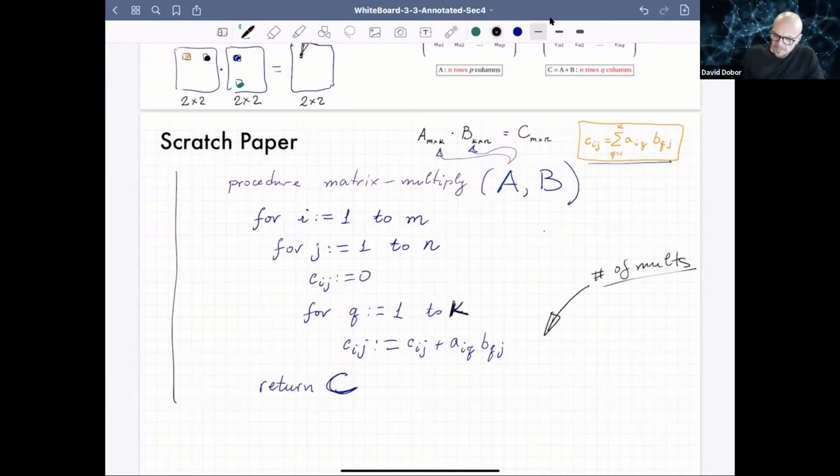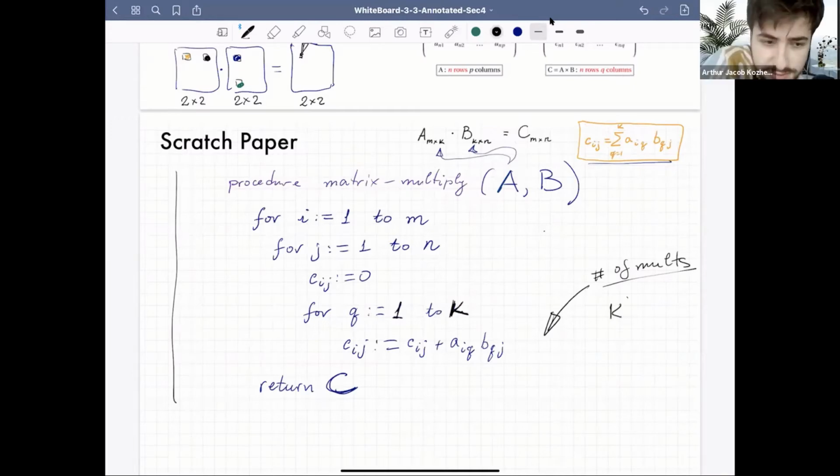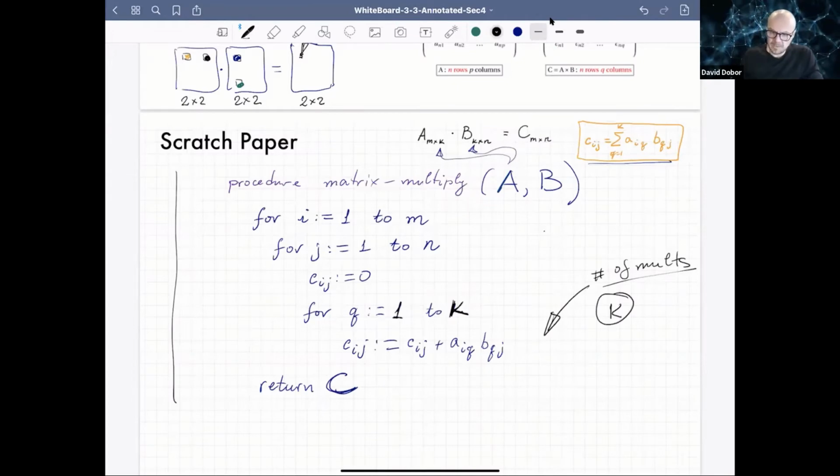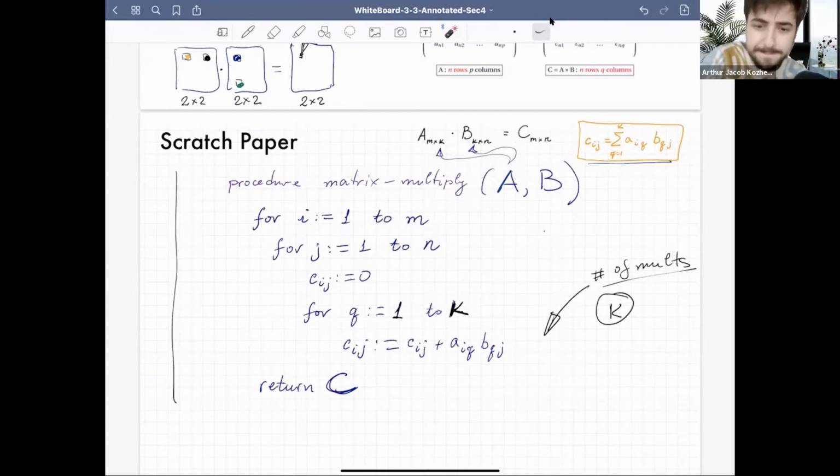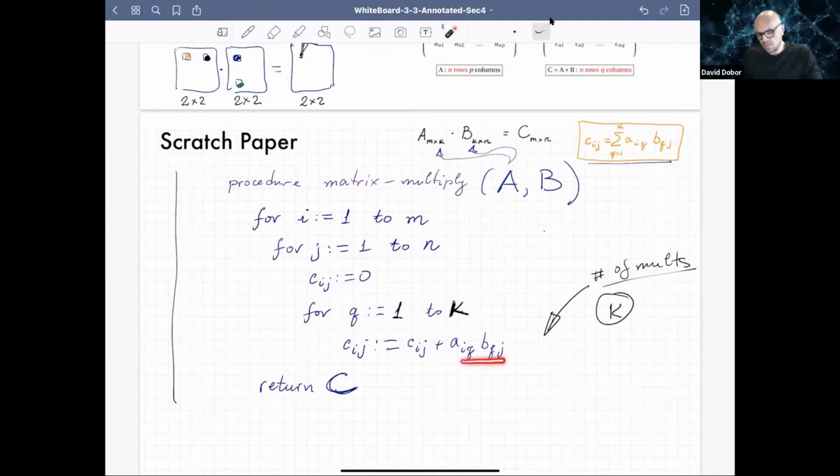How many multiplications? Q ranges from 1 to K, and I'm multiplying. I'm ignoring the additions here. So I have K multiplications, right? Not 2K, sorry, it's just simply K. Do people see this? Q ranges from 1 to K, and I'm multiplying for each Q. I'm adding up those, and I'm ignoring the sums.